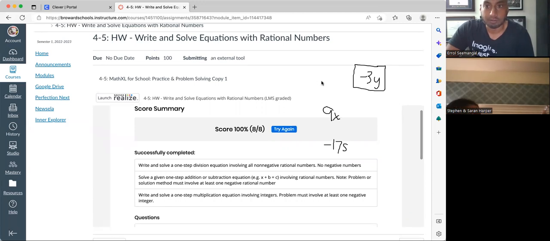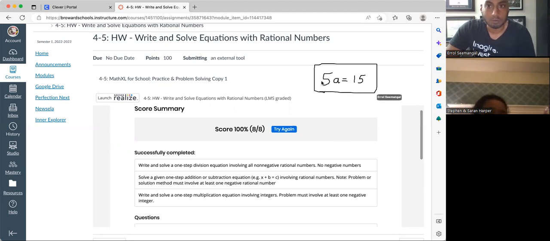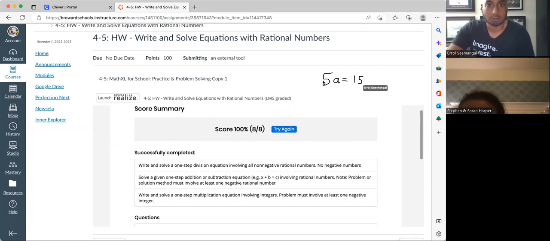Now I'm going to ask you a different question. Since you know what coefficient means now, I'll give you another simple problem. 5a equals 15. What's the coefficient on that equation? 5.